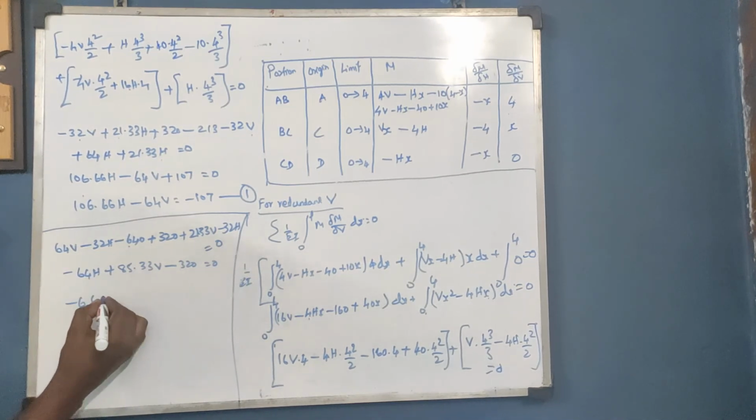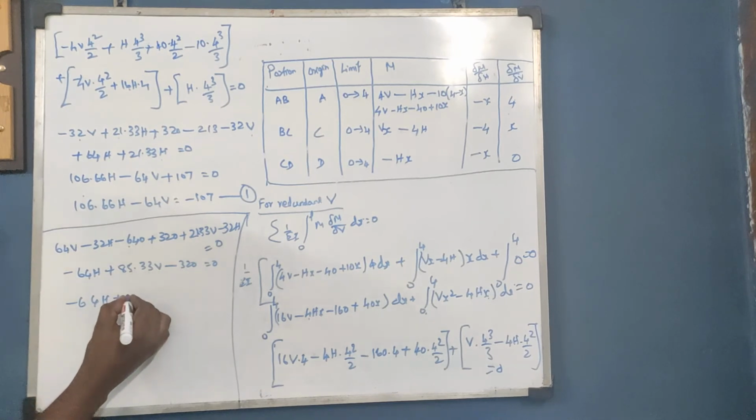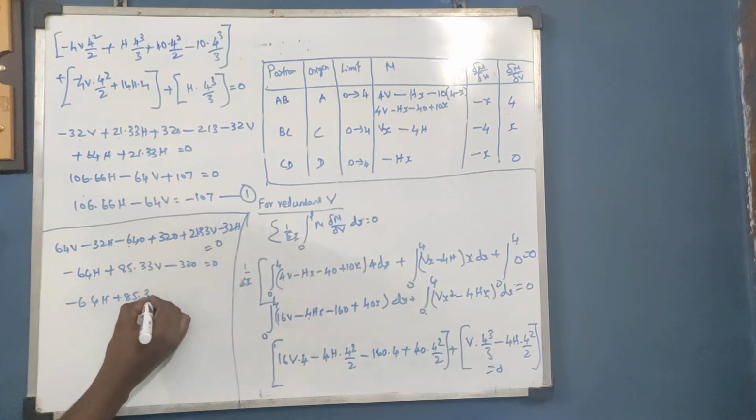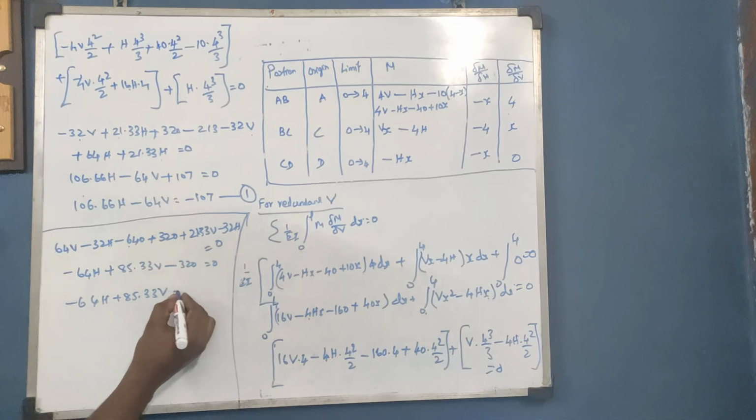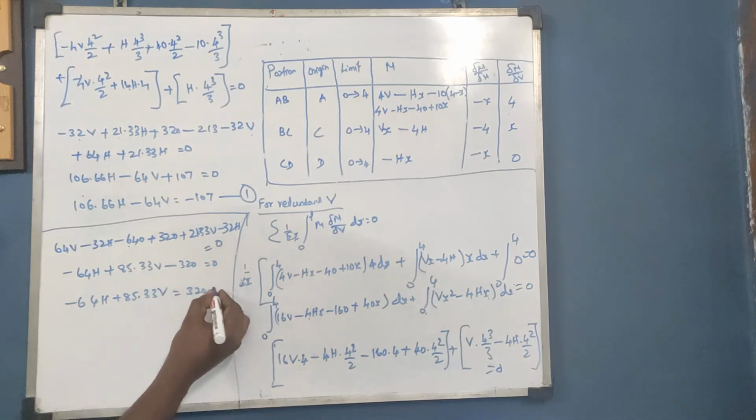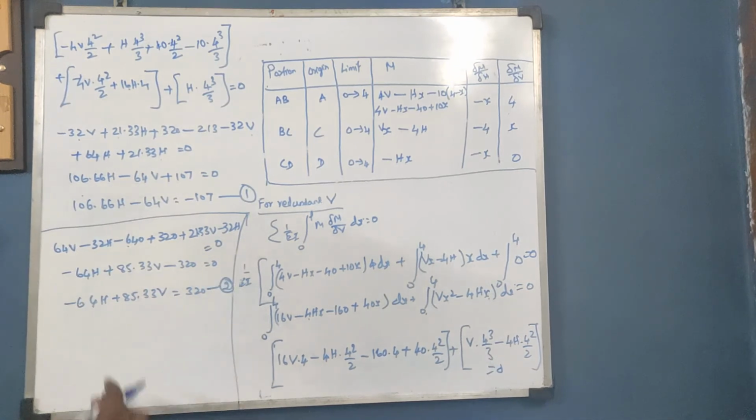Therefore, minus 64h plus 85.33V equal to 320. It is equation 2.